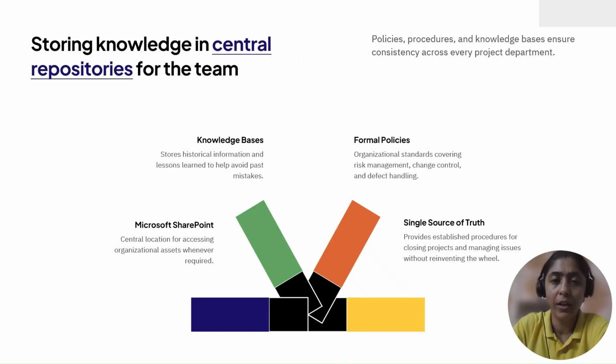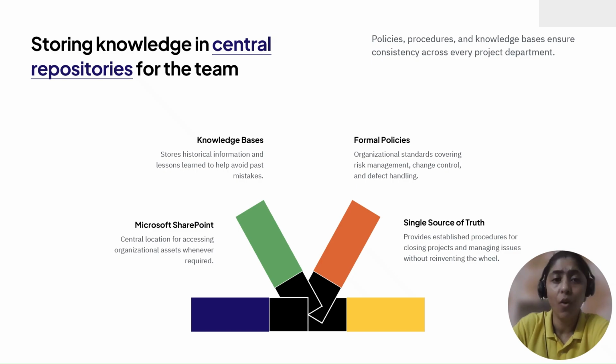Now let's take the next step. Where do organizational assets actually live? Imagine joining a project team and needing the approved risk management procedure. You search through your emails, old folders, different team drives, and everyone gives you a different version. That creates confusion. A central repository helps you solve that problem.